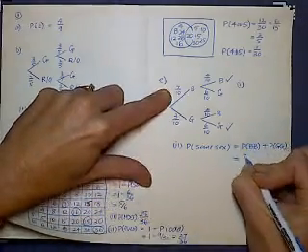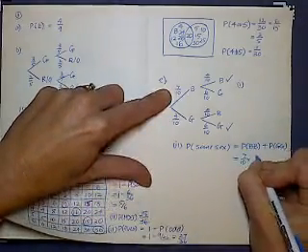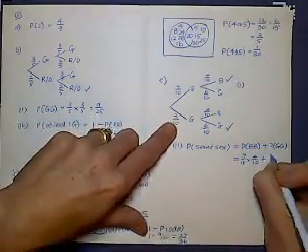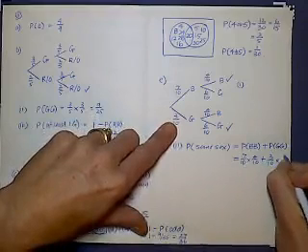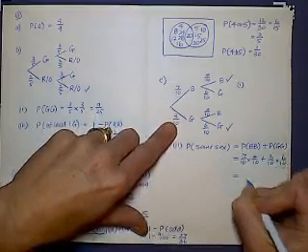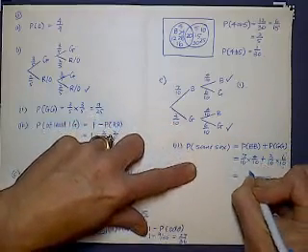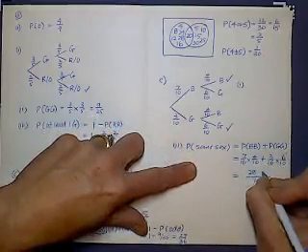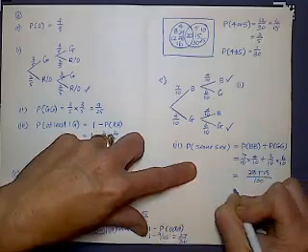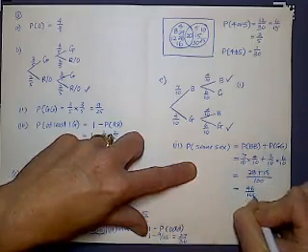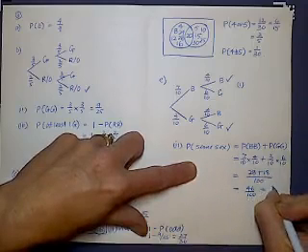So that would be 7 tenths times 4 tenths plus 3 tenths times 6 tenths. Both denominators are 100, so I'll put them all over 100. 7 fours are 28. 3 sixes are 18. That's 46 out of a total of 100, which simplifies down to 23 out of 50.